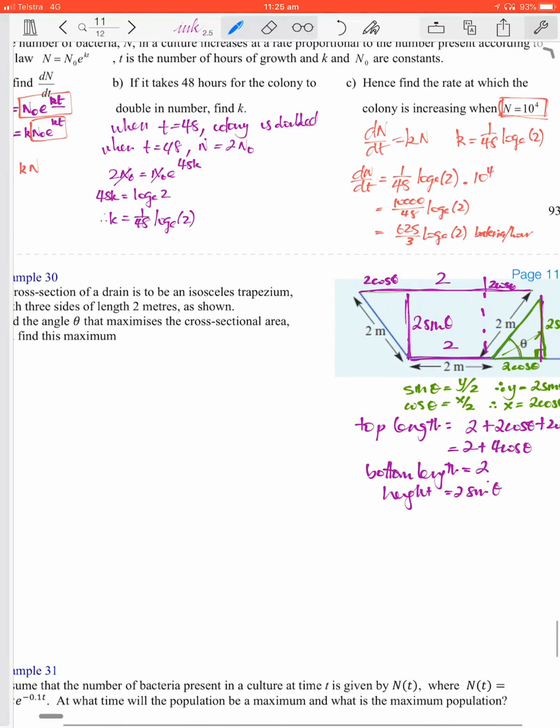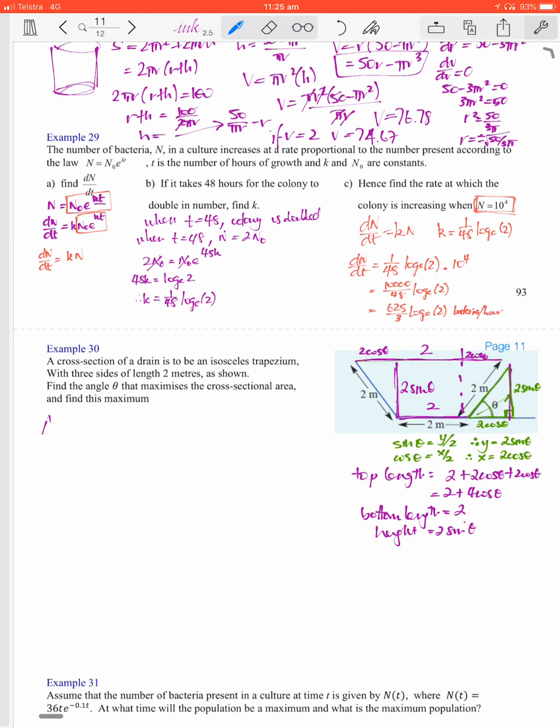Now the area of a trapezium is a half times a plus b, where a and b are the top and bottom, and then times h. So we've got a half times 2, the bottom length, plus 2 plus 4 cos theta. So that's the bottom, and that's the top.